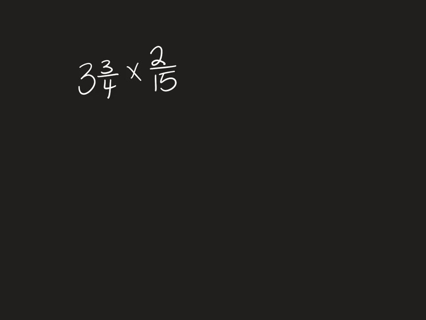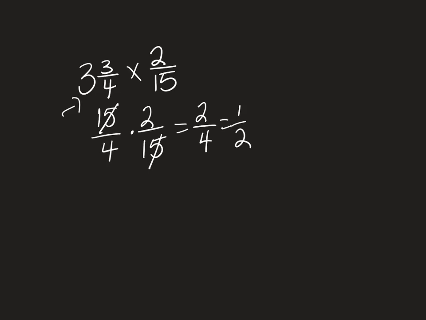If you are multiplying or dividing fractions and you have a mixed fraction, then you must change this mixed fraction to an improper fraction before you can multiply, okay? So 3 times 4 is 12, plus 3 more would be 15 over 4 times 2 over 15, and looky there, that cancels out, which leaves us with 2/4, which is also 1/2, okay?